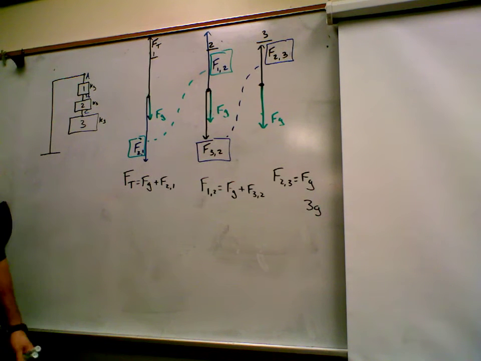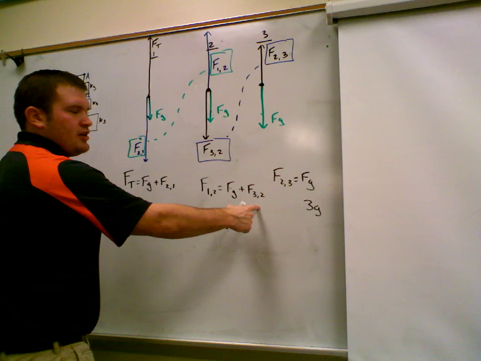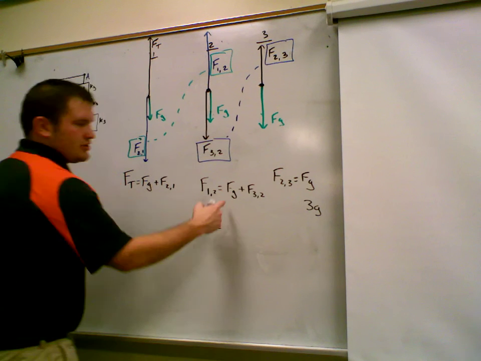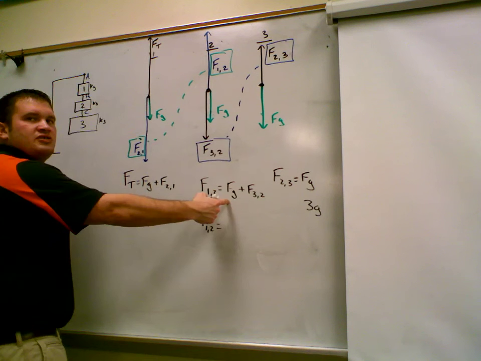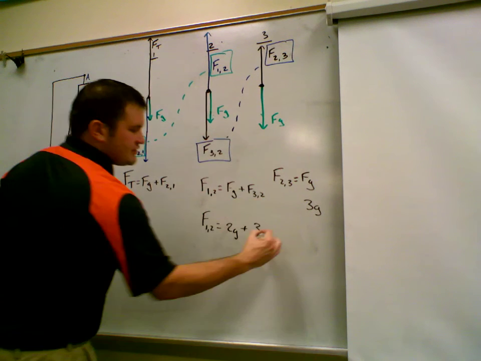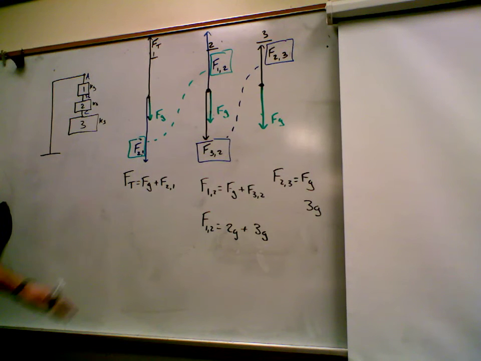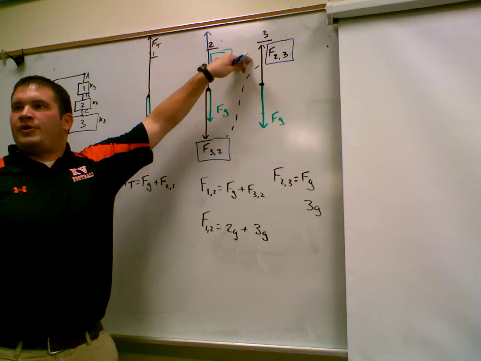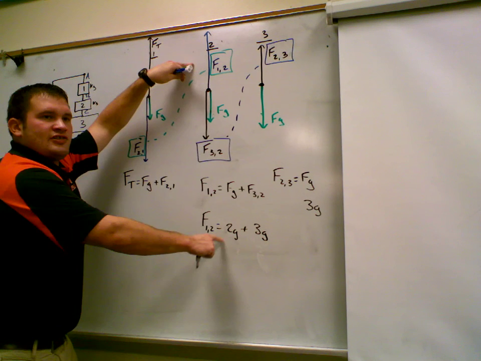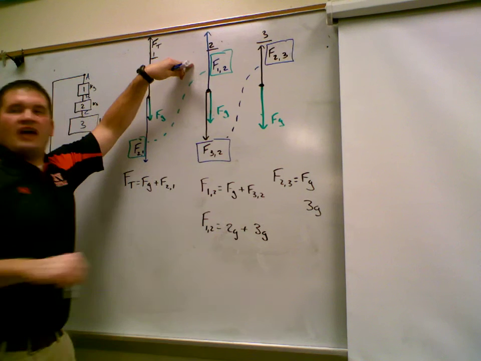So then I can plug that in right here and have F of 1 on 2 equals this force gravity. Is it 3G or 2G? 2G plus 3G. Does that make sense? So this tension is only 3 times 9.8. This tension is going to be not 3, not 2, but 5 times 9.8, right?